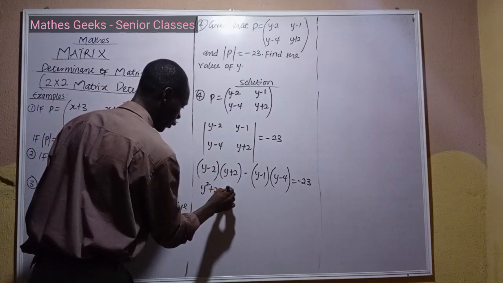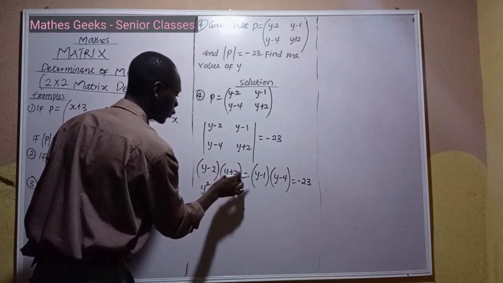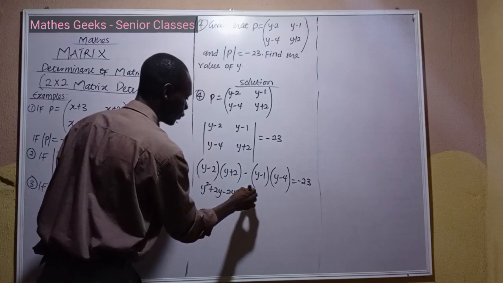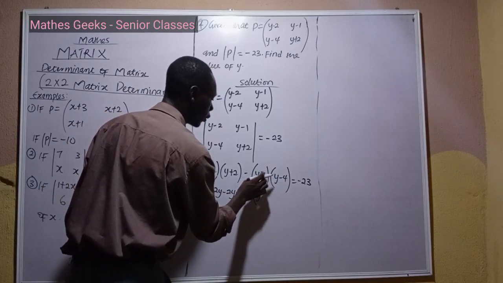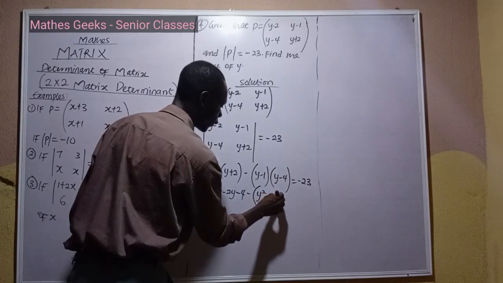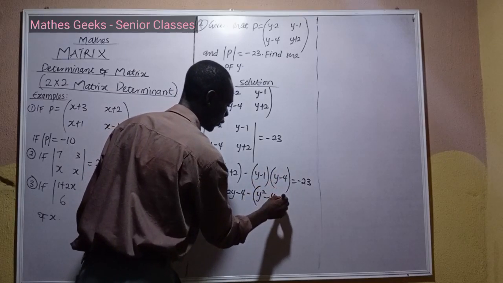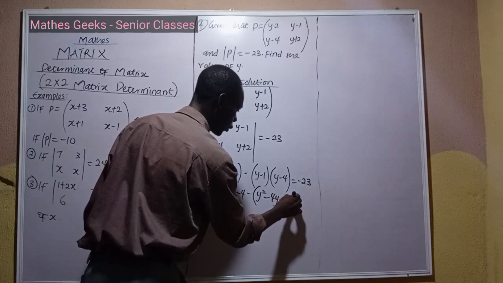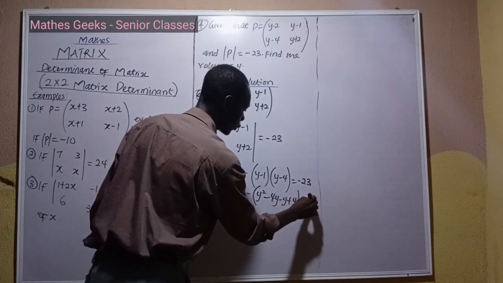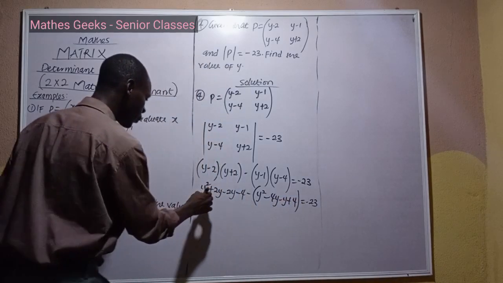Minus 2 times y is minus 2y. Minus 2 times plus 2 is minus 4. Minus y times y is y squared. Y times minus 4 is minus 4y. Minus 1 times y is minus y. Minus 1 times minus 4 is plus 4 equals minus 23.